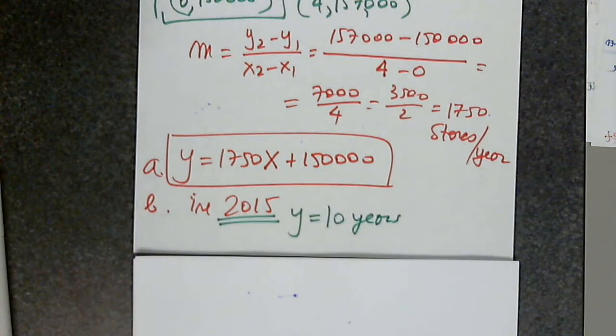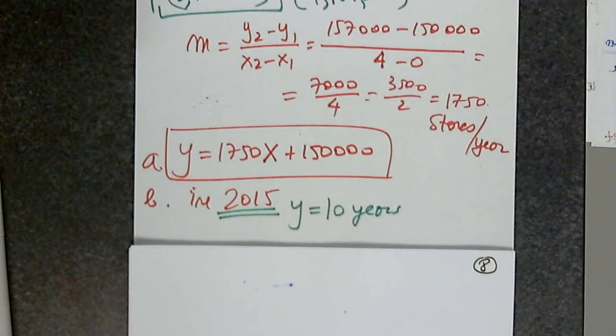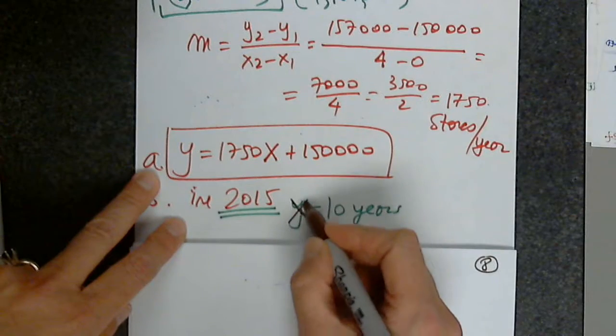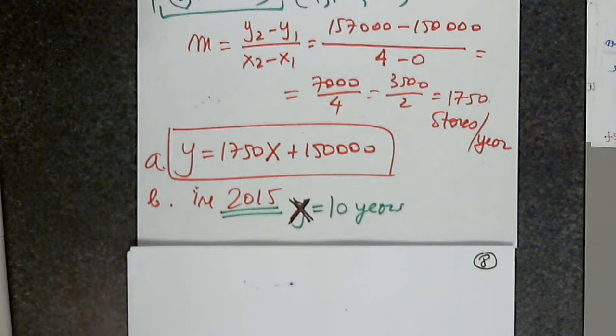How do I determine how many stores were in 2015, knowing that x is 10? Any suggestions? Why isn't the x 10? Oh, that's why everybody's confused. Of course x. That's what I meant. I'm sorry. My fault. I apologize.